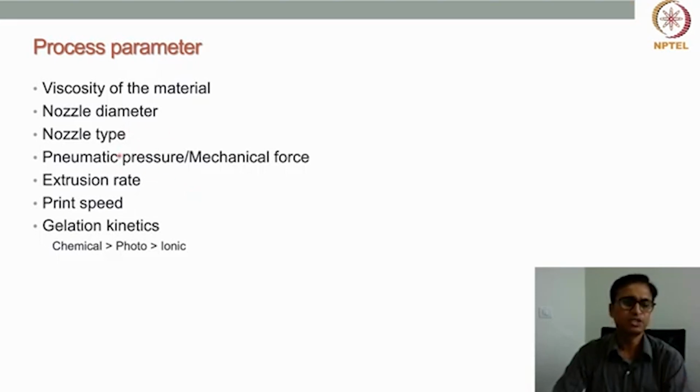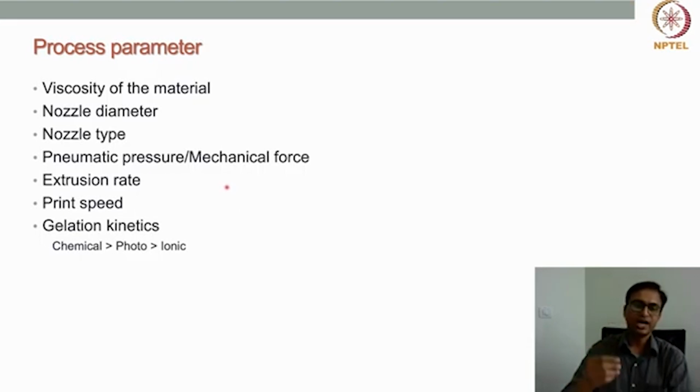Other process parameters are the pneumatic pressure or mechanical force, that is, how much pressure is being applied. That is also a process parameter, and it depends upon the viscosity and the nozzle diameter. We need to control the pressure accordingly. Another parameter is the extrusion rate, the rate at which the material is coming out from the nozzle. That is also an important process parameter.